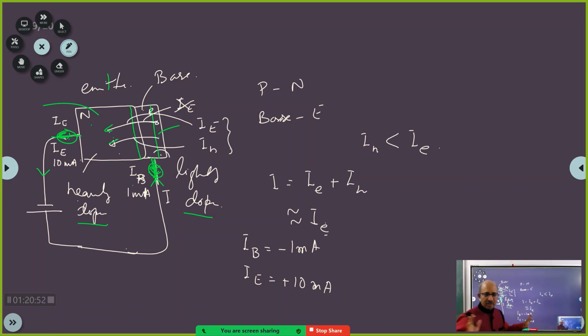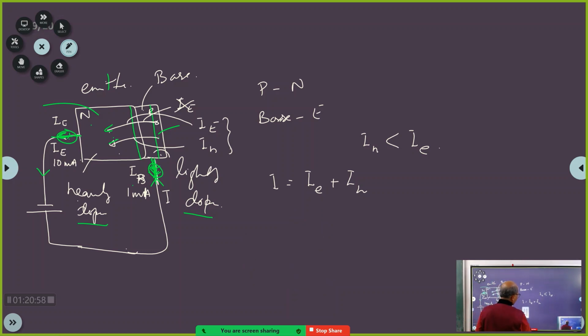That is the convention. So the current in the emitter is predominantly that of electron current. That is very important. So the hole current is negligible.